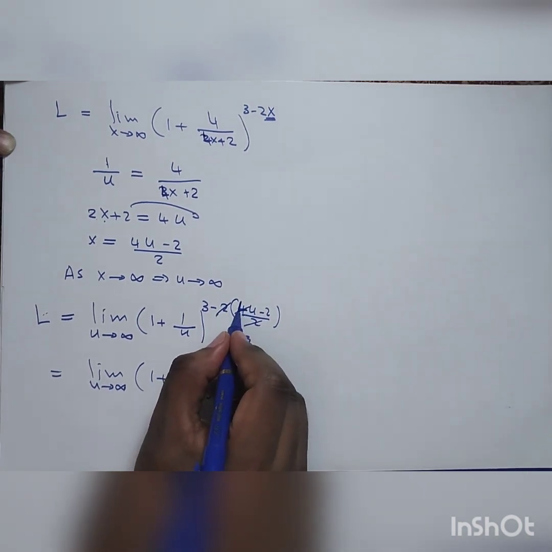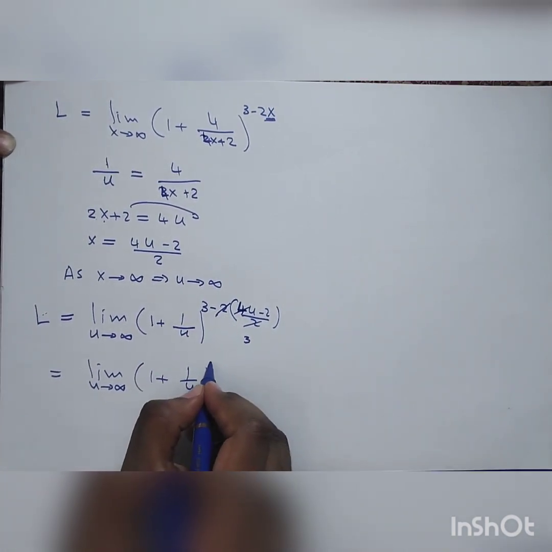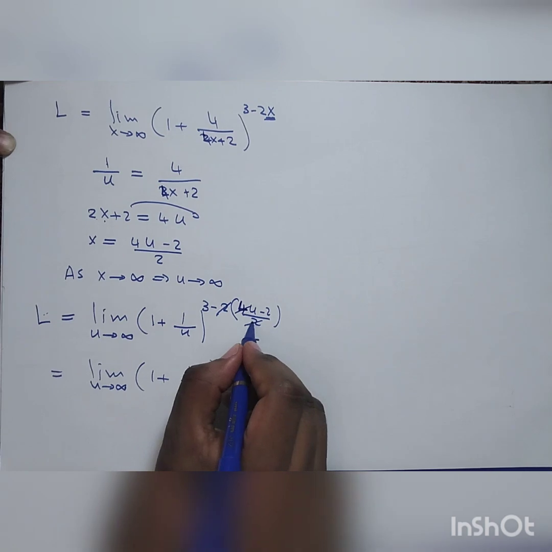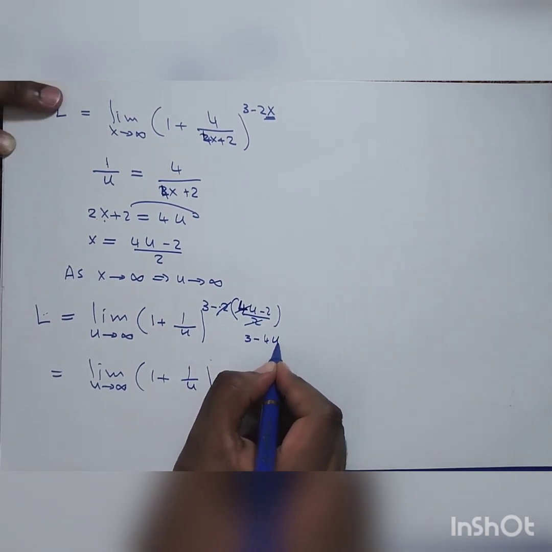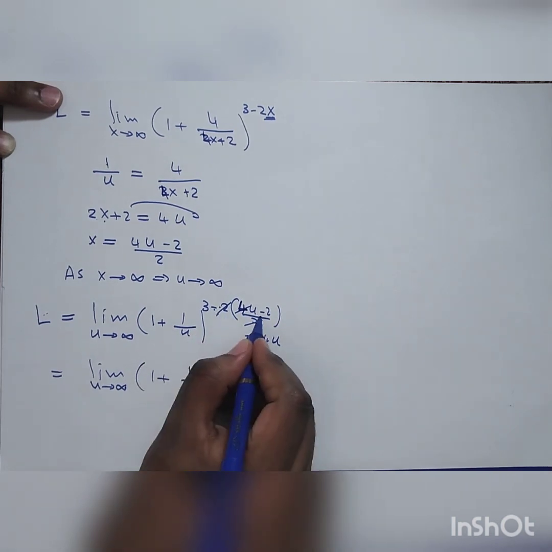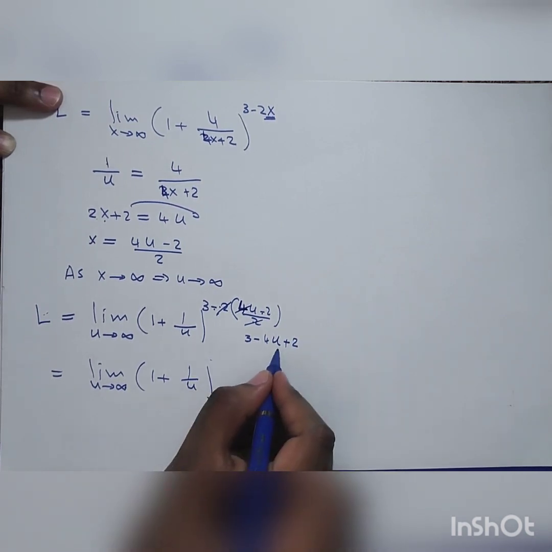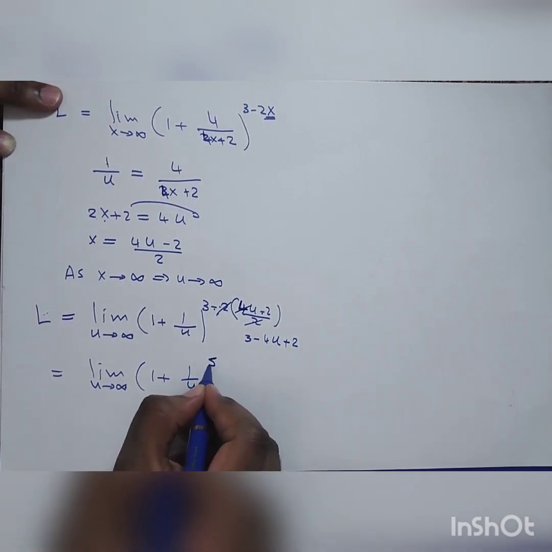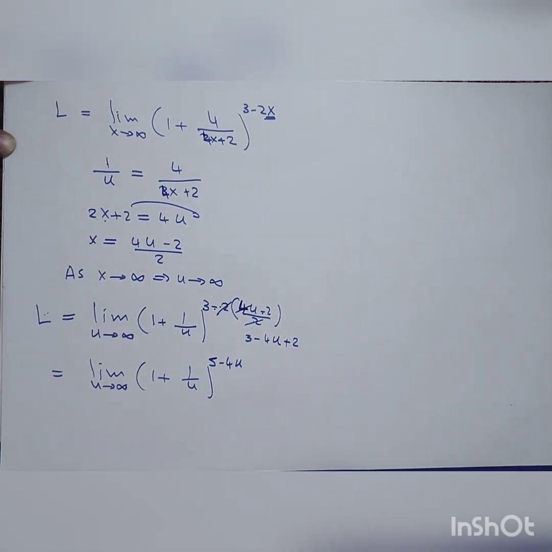This would cancel with this, so we would have 3 minus 4u, and then with the negative outside, times negative, it would be plus 2. So here we would have 5 minus 4u, right?